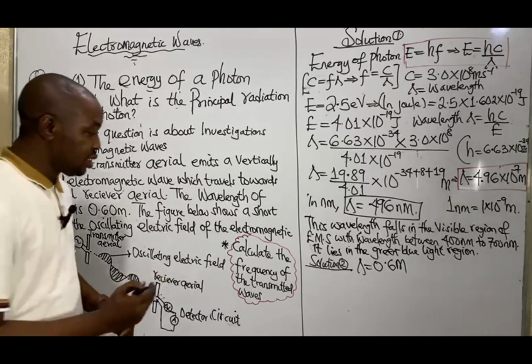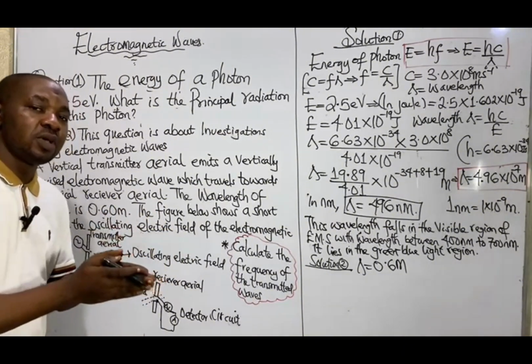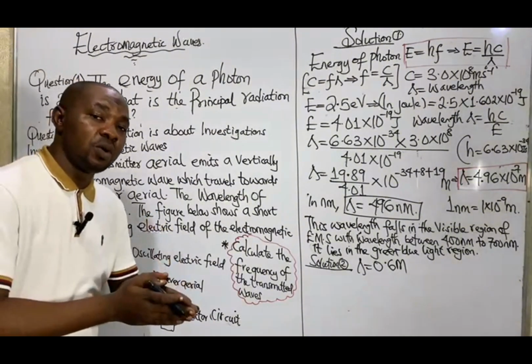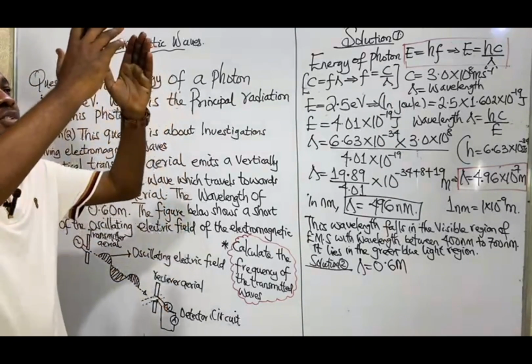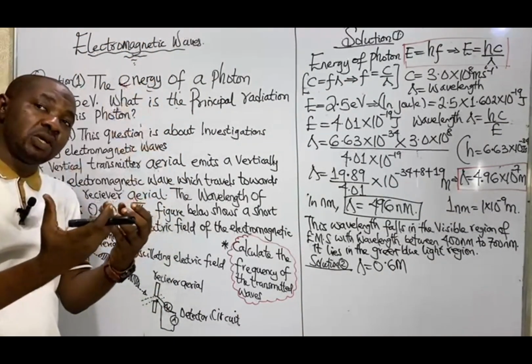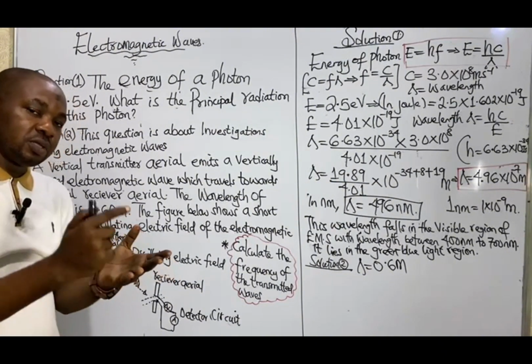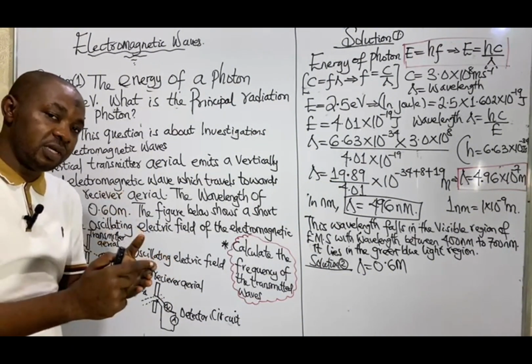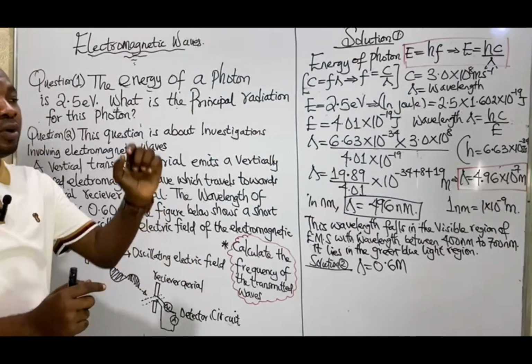So we want to calculate the frequency. Now the wave is a polarized wave, which means we're talking about an electromagnetic wave, because of all the properties of waves, which are reflection, refraction, diffraction, interference or superposition, and also polarization.